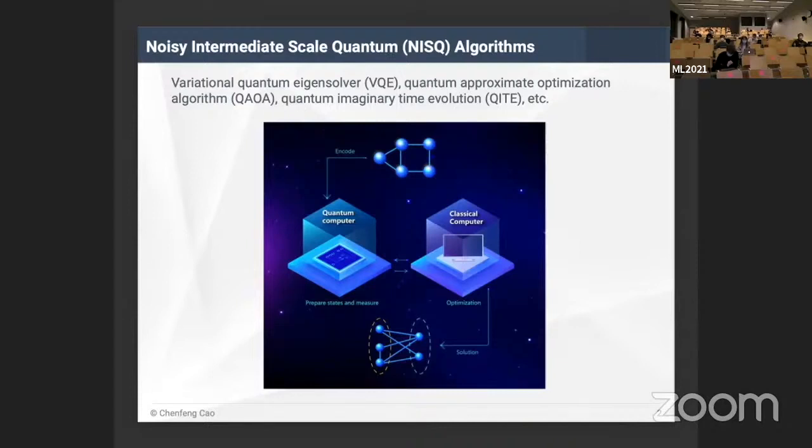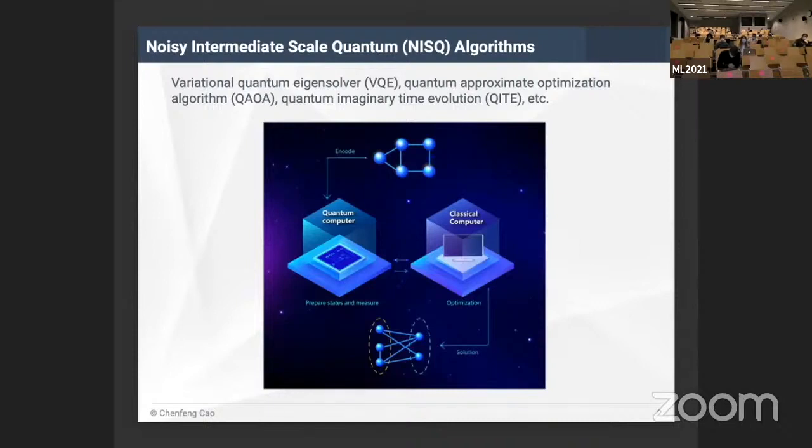Many real-world problems can be encoded to a Hamiltonian, with the solution being the ground state. On NISQ devices, we have some well-developed algorithms for ground state preparation, such as variational quantum eigensolver, VQE, quantum approximate optimization algorithm, QAOA, and quantum imaginary time evolution.